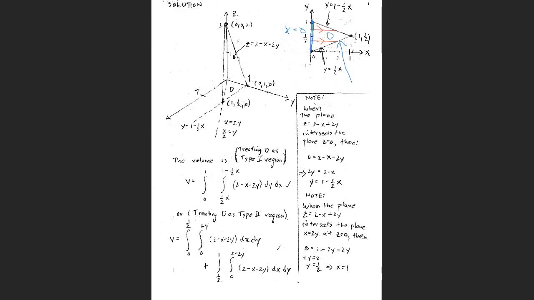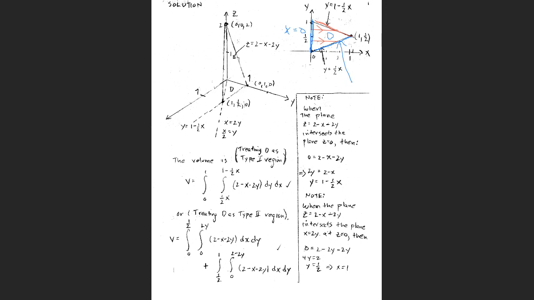But the function on the right changes. It changes from this function, which would be y equals a half x, that means x equals 2y, to this function, and that function would be y equals 1 minus a half x. That's equivalent to x equals 2 minus 2y.